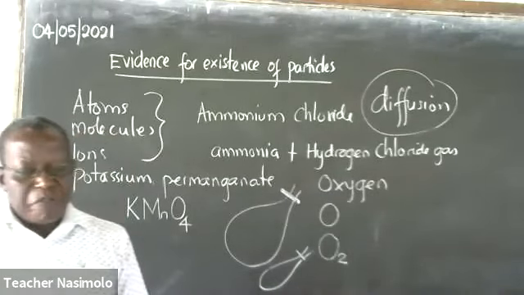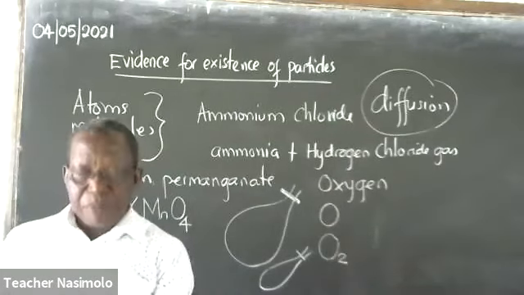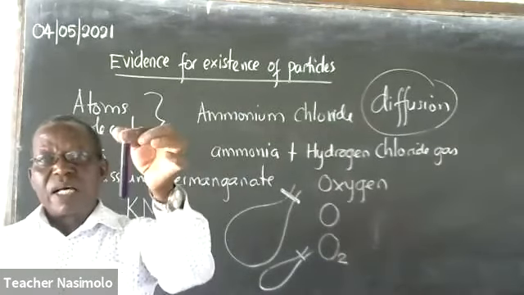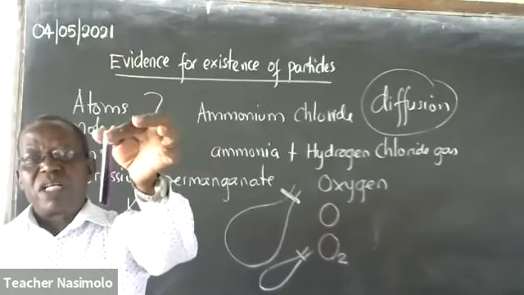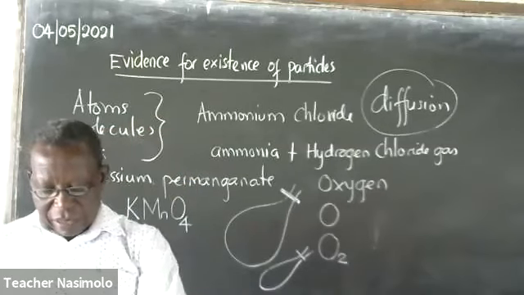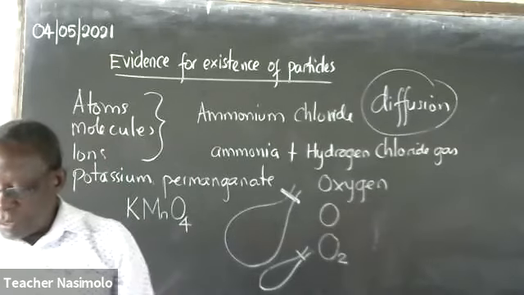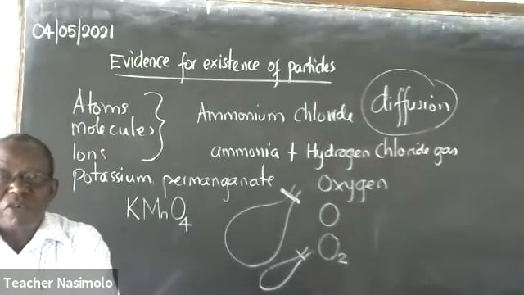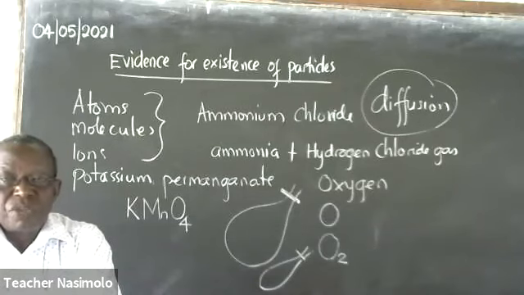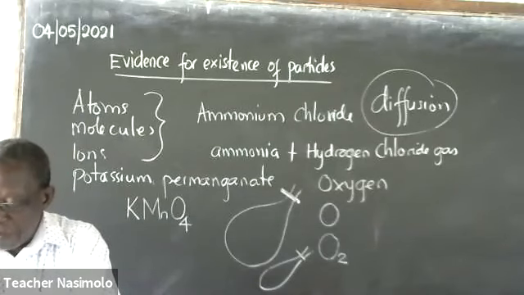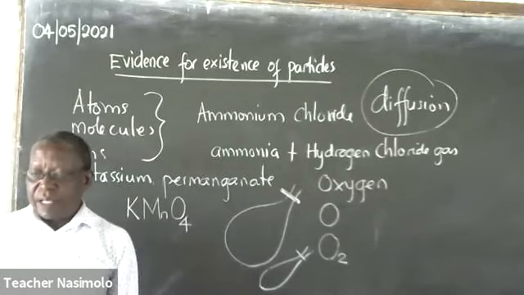Because if there were no particles, how would this color move in the water so that the whole body of water becomes colored like that?